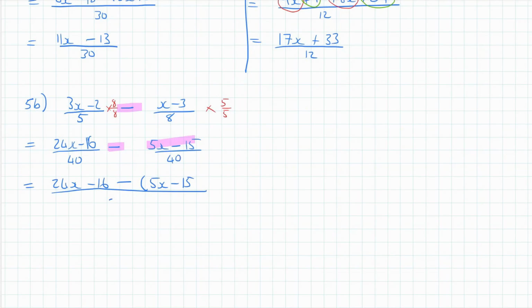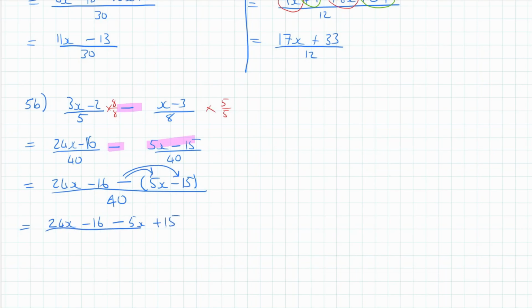My apologies. Okay, and it's all over 40. Now, you can see that what we've got, and I'm doing this slowly, step by step for you, 24x minus 16, the minus will apply to the 5x, so it becomes minus 5x, and when we apply the minus to the minus 15, we get positive 15.